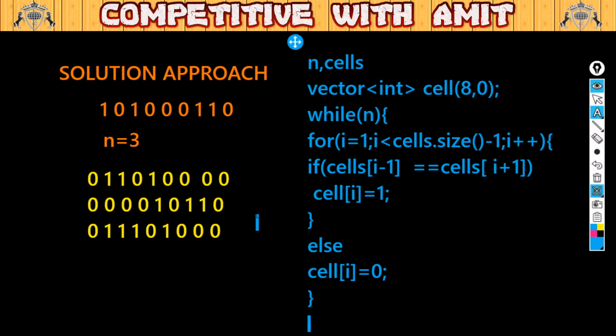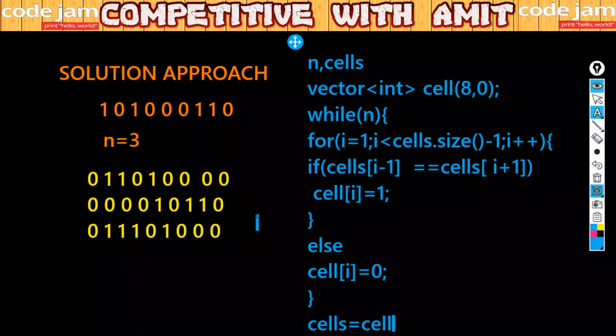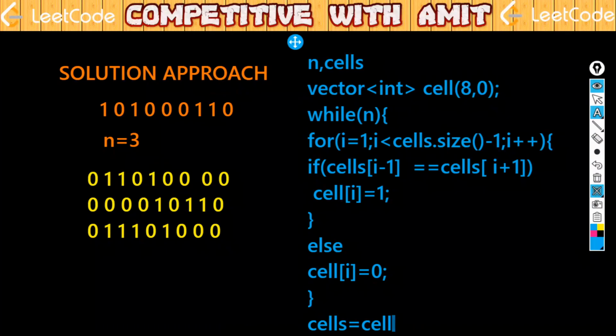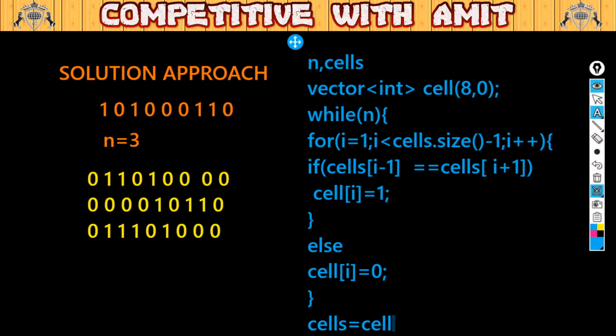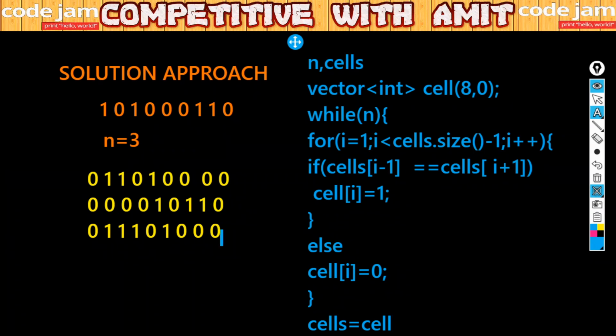Now we will assign the cell to the cells. So after this, the new value of cells becomes this next value. Again this will come, again cells will be turned to be this, then this will happen. So this is the brute force implementation.